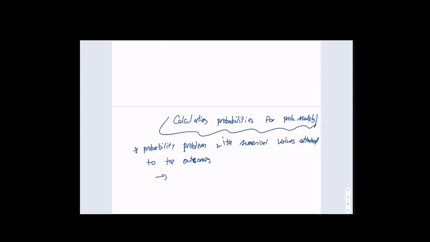We have to calculate all possible outcomes and probabilities.